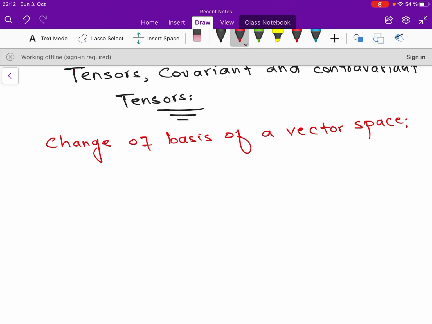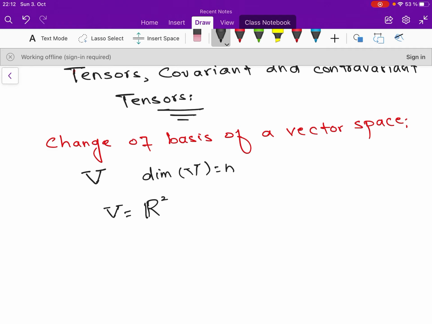Let us take a vector space V with dimension of V to be n, and we take a basis for this. For simplicity we consider V to be R2, which is a simple two-dimensional vector space.